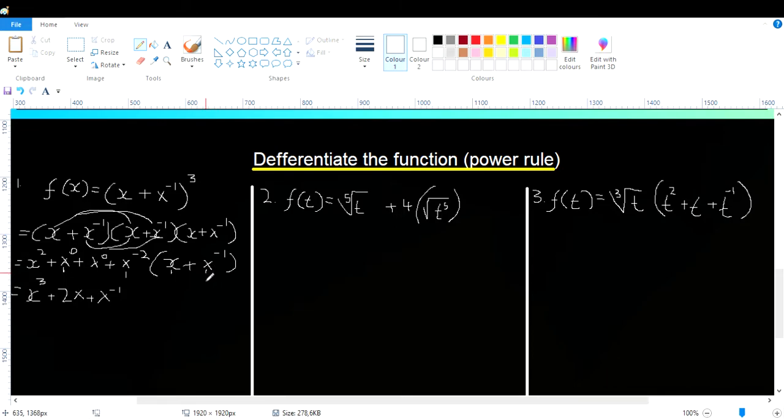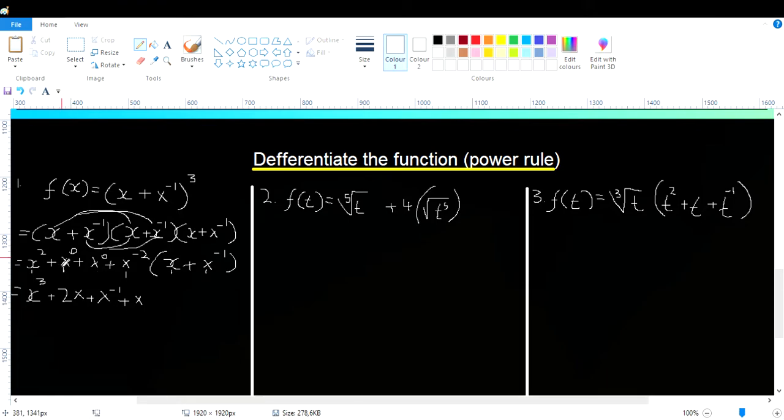Then x to the power minus 2 times x to the power 2, the answer is equal to x to the power minus 1 times 2.